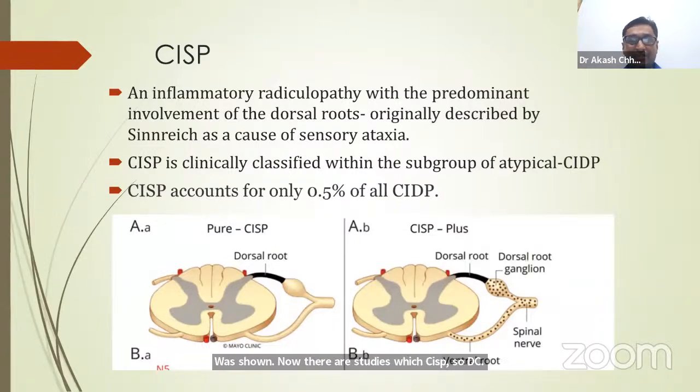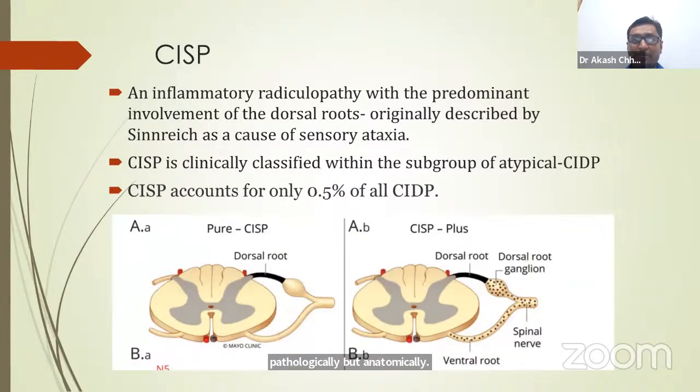We don't see them throughout their illness, but they may be forms of the same spectrum, or there could be some antibodies which have some predilection for some part of the neuraxis. So probably, I don't know whether CISP and CISP plus are two different things or the same thing pathologically, but anatomically, dorsal root affection was the one which we have called CISP.